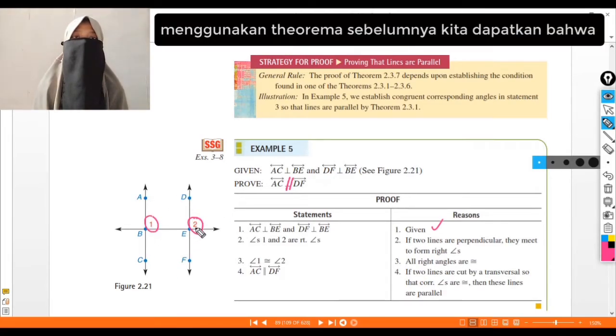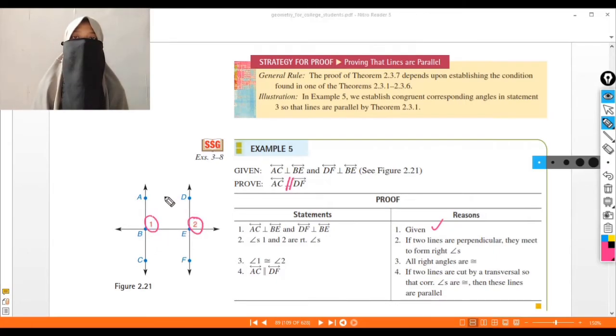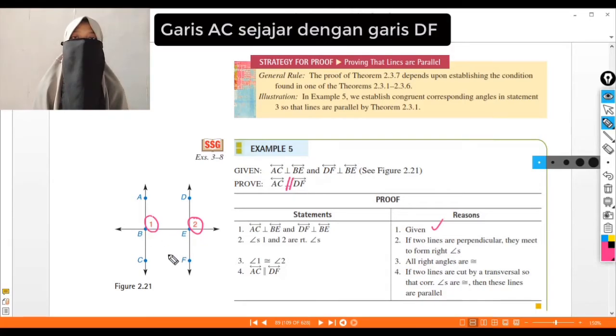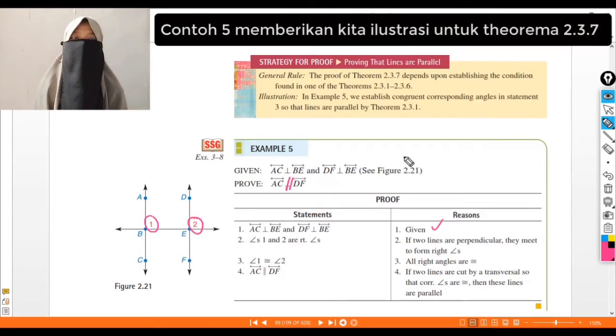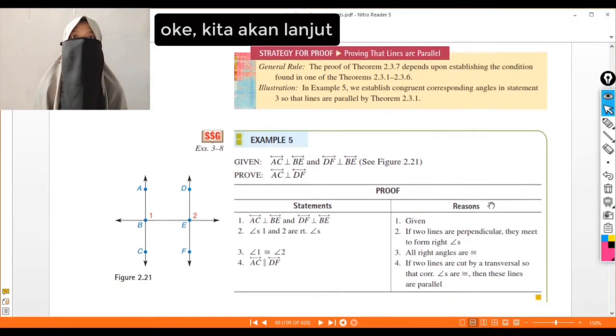Using a theorem from before, we can conclude that angle 1 is congruent to angle 2 because they are corresponding angles. We can conclude that line AC is parallel to line DF. Example 5 gives us an illustration for theorem 2.3.7. Okay, we will continue.